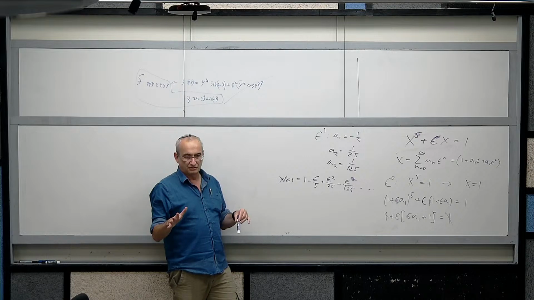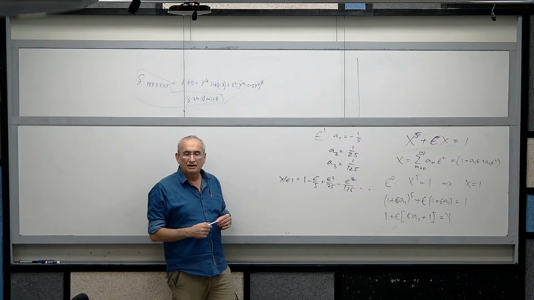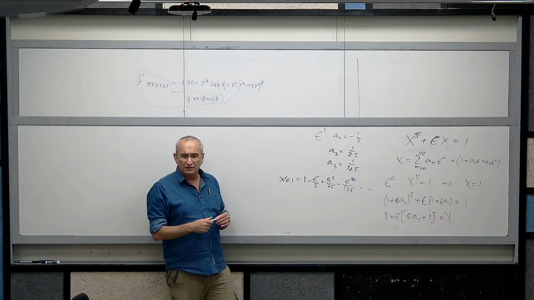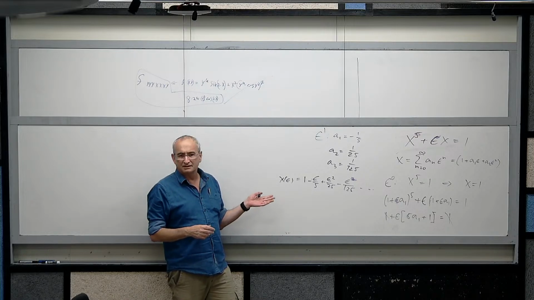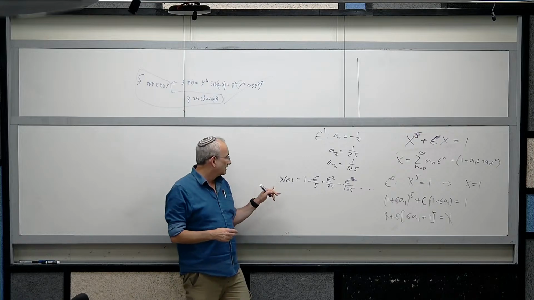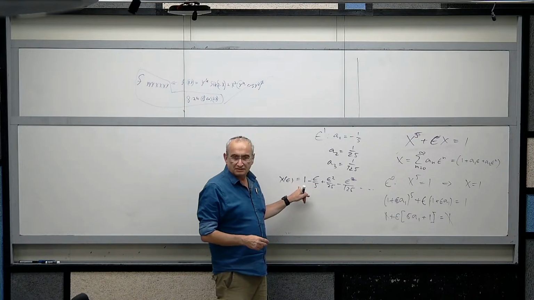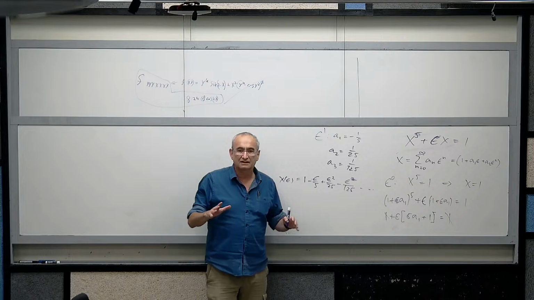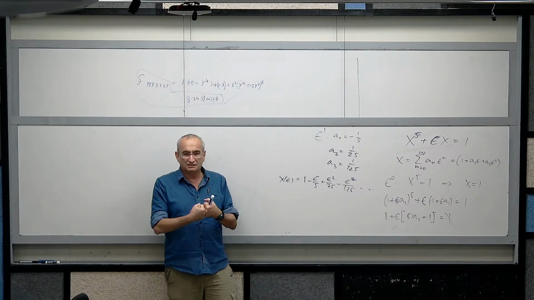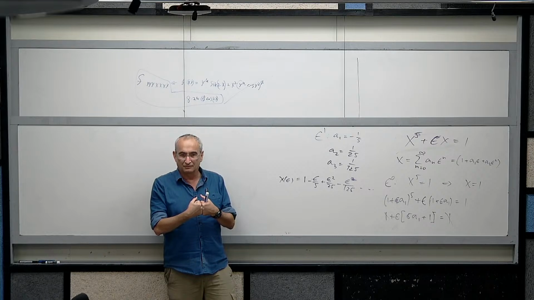That's another question. I gave the details in the first lecture. The question is what the radius of convergence is, but at least x converges to the right answer when epsilon goes to 0.